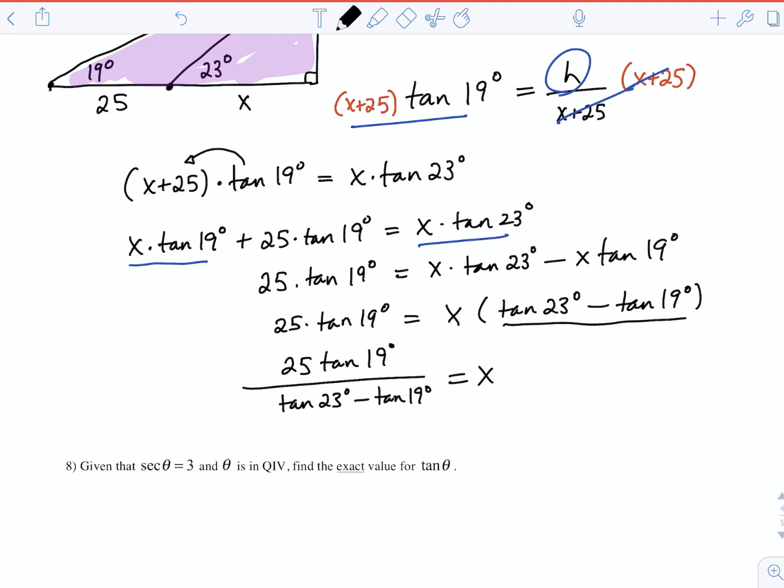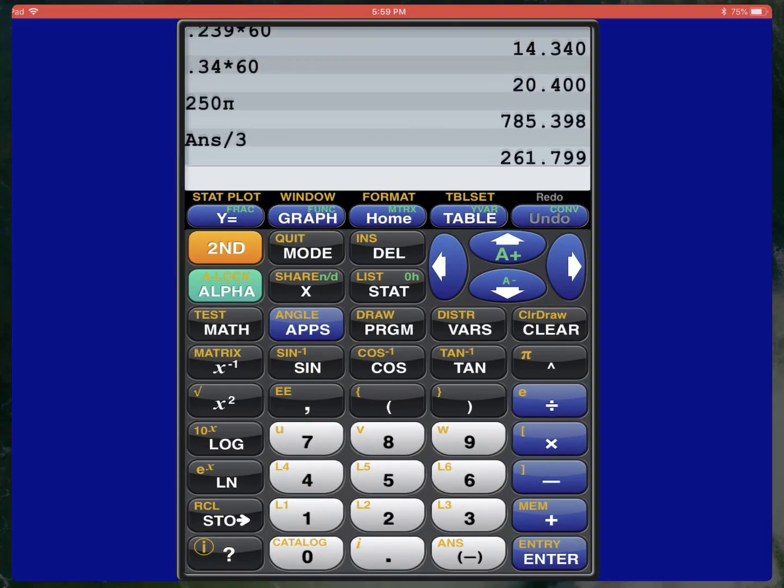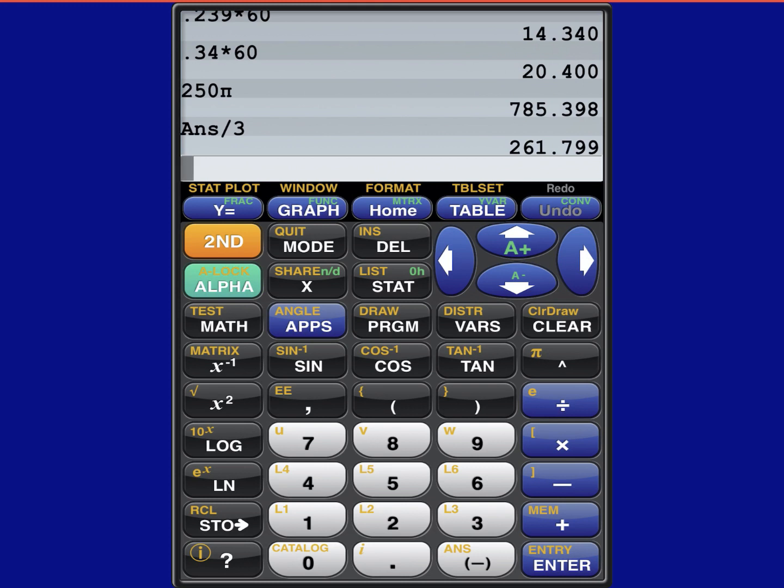Now hopefully I can remember by the time I go to the calculator. Okay. It was 25 tangent of 19. Hey, I typed a 9, didn't I? There we go. Tangent of 19 gets divided by, and then tangent of 23 minus tangent of 19.